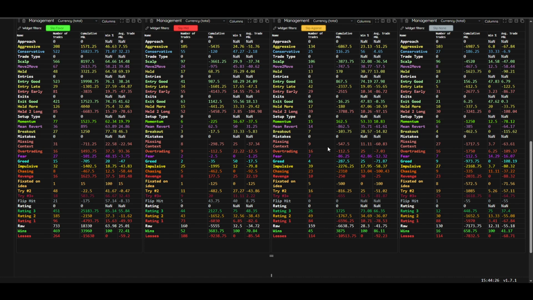My entry, what is that, a long? Against a reclaim. A bigger reclaim. This must be a bigger hold.